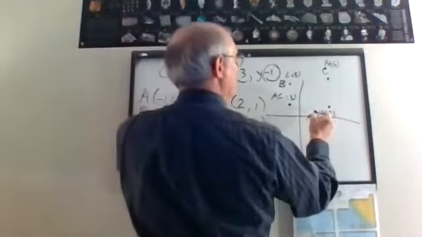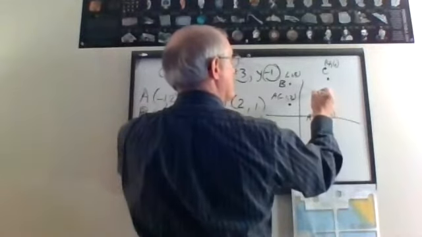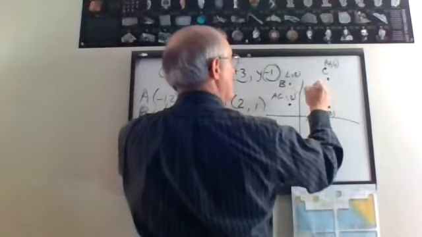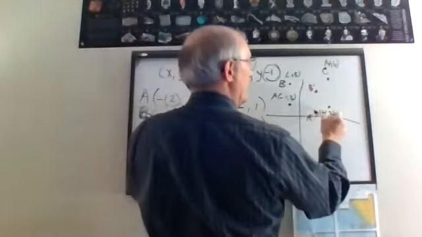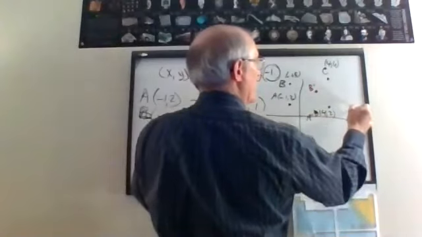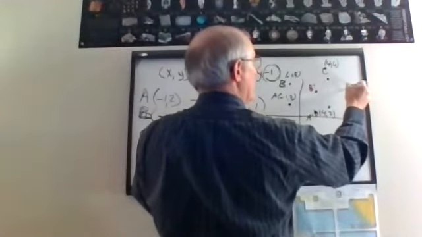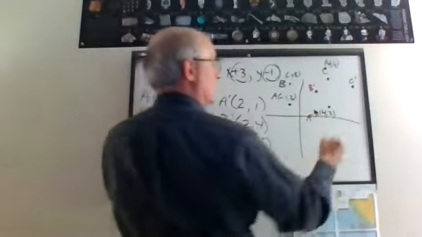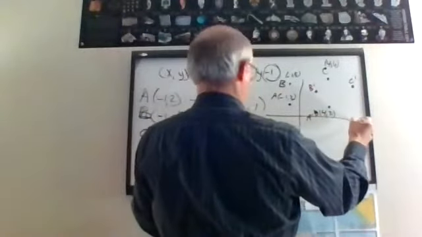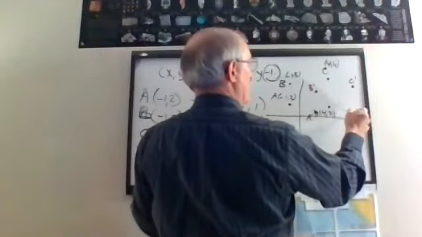Over 2, up 4, B prime. Over 7, up 5, that's C prime. And 7 would be all the way over here, up 5. And over 7, up 1.